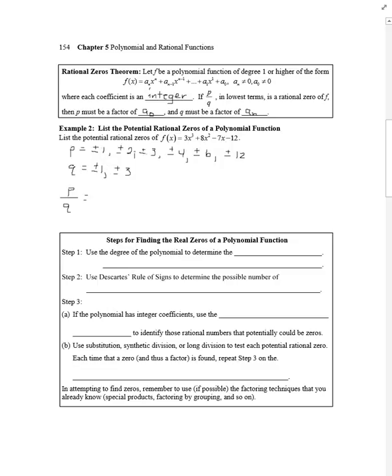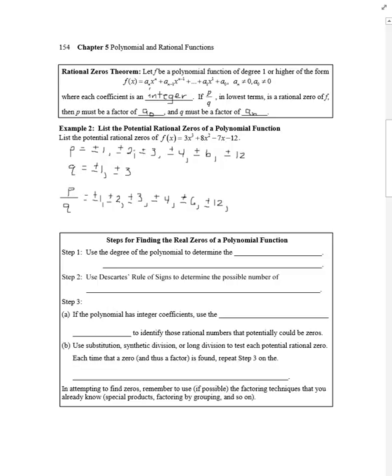So first, let's take all the p's and divide them by plus or minus 1. That gives us plus or minus 1, plus or minus 2, plus or minus 3, plus or minus 4, plus or minus 6, or plus or minus 12.